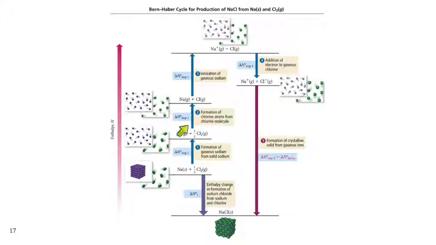These other steps can be measured. This overall enthalpy change can be measured. Each of these steps can be measured. They're available. You could Google them and find them, or you can look them up in the CRC. And so you find the lattice energy using adding and subtracting.